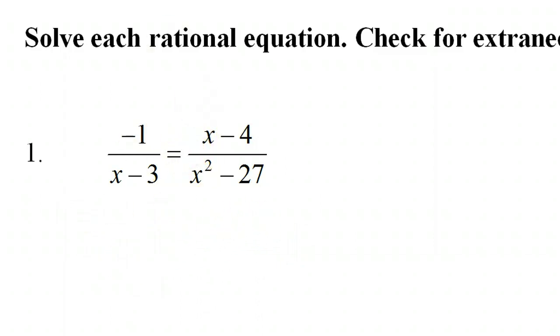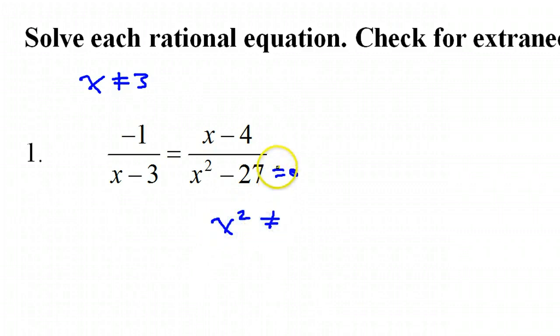The excluded values, let's get that out of the way right now, are going to come from here and here. So if I set this equal to 0 and solve, I get that x cannot equal 3. Now, if I set this equal to 0 and solve, that's going to give me x squared cannot equal 27.